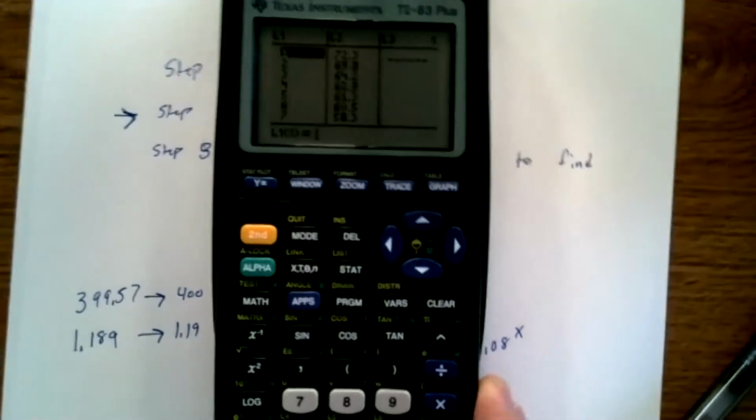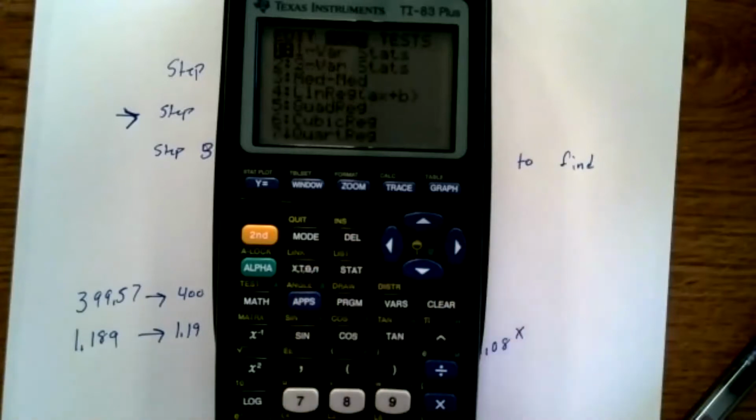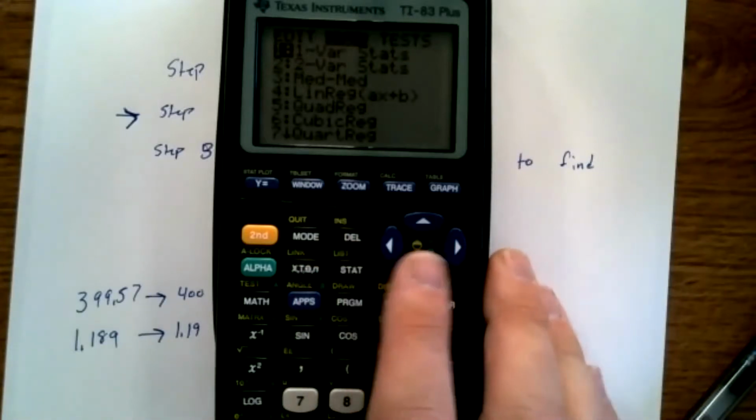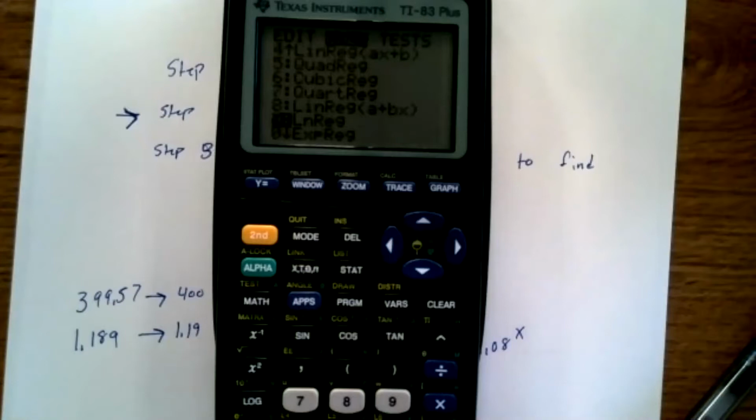Okay, so then once you have your data entered, you can click stat again, go to calc. This one, they ask for logarithmic regression. So we're going to use natural log regression right there. You click enter.